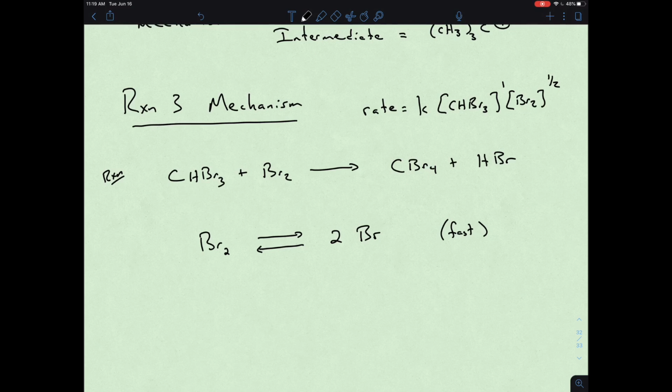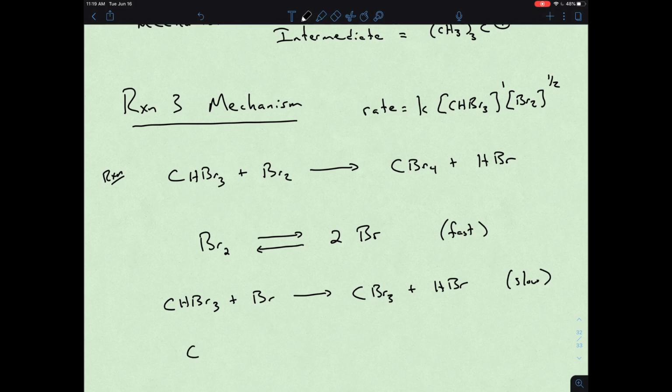Then one of those bromine atoms takes a hydrogen to make HBr, and that is our slow step.